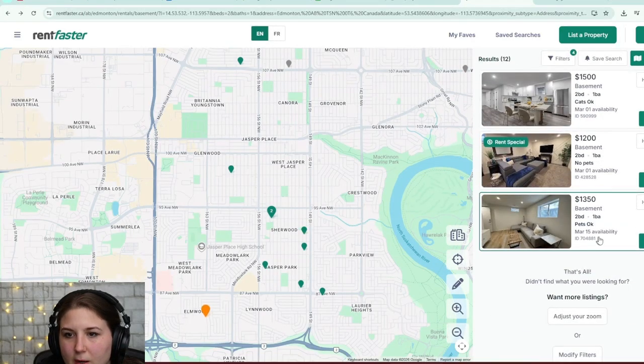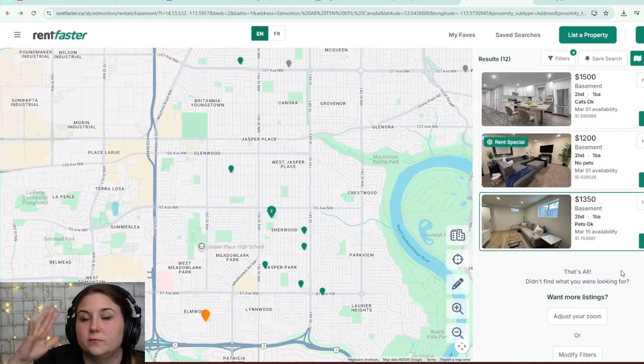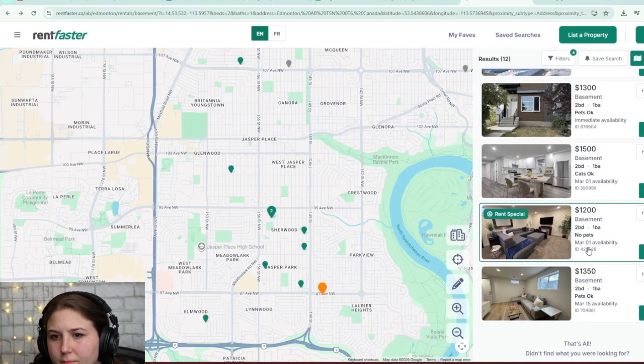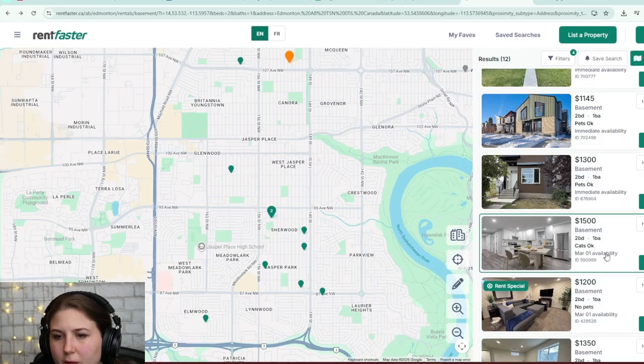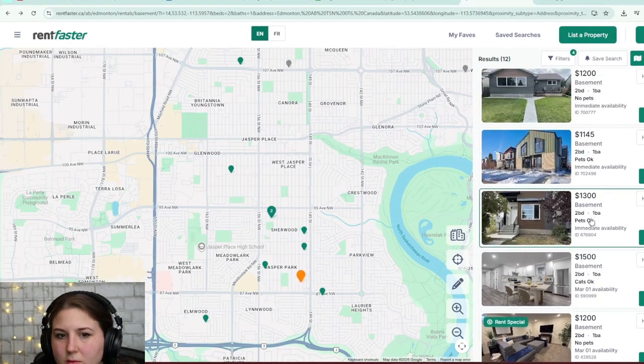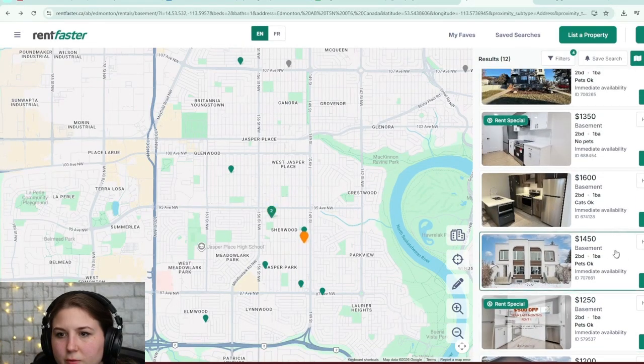And if you're wondering, average utilities, typically $500 per 2 doors. So like an upstairs and a basement unit, you can budget $500 all in per month for utilities. 2 bed, 1 bath. That area isn't as nice. 1,200.